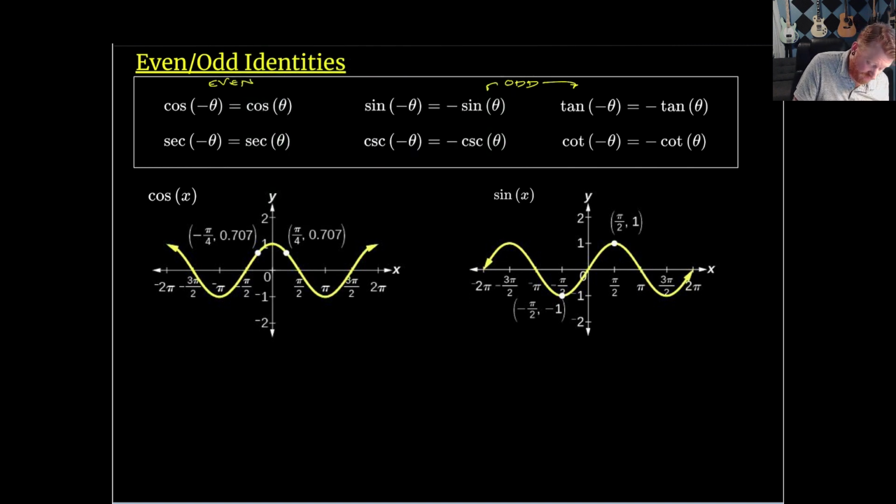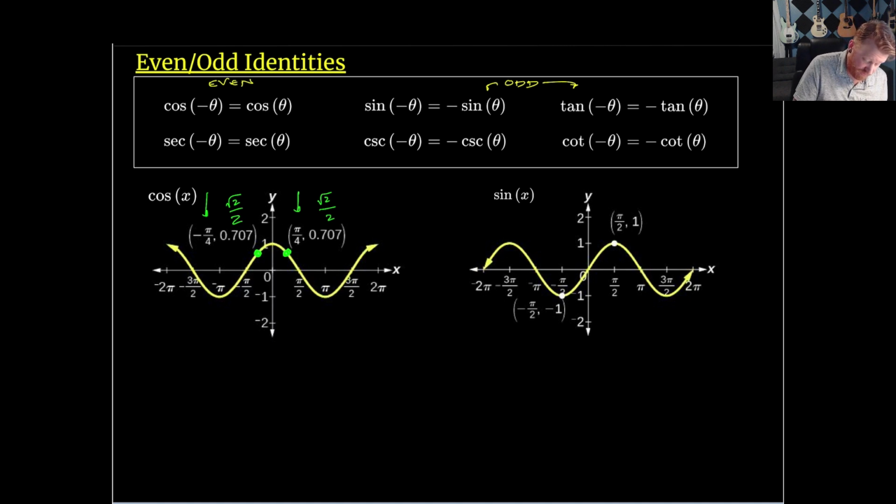is that if we're looking at pi over 4 and negative pi over 4, that they have the same output value, that it doesn't matter if the input is positive pi over 4 or negative pi over 4. In either instance, and I don't know why this picture that I stole has the approximated value, but these are both square root of 2 over 2 as their output values here.